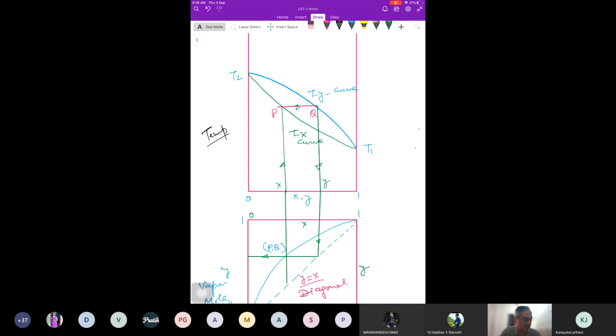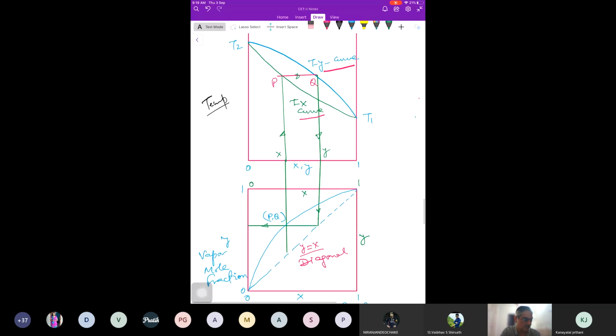We know this is txy temperature xy diagram, and we know that any tie line is essentially a vapor and liquid in equilibrium, right? Because in the txy diagram, this is a ty curve and this is a tx curve. If you draw any tie line between the vapor and liquid, what you'll get is x and y values, right?